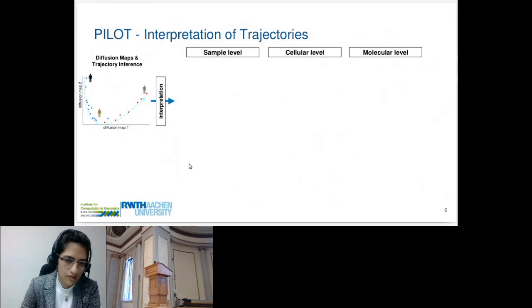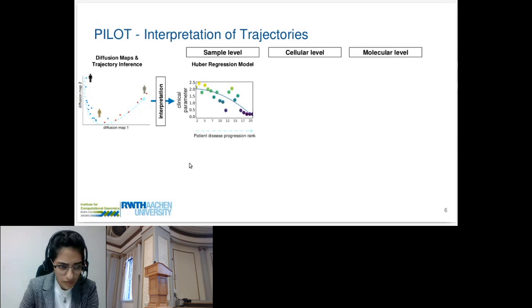So having this trajectory, can we extract the nonlinear changes at different levels of the multi-scale data along this disease progression rank? By understanding this, we can find the features that cause the transitions from the chronic stage to the acute stage.